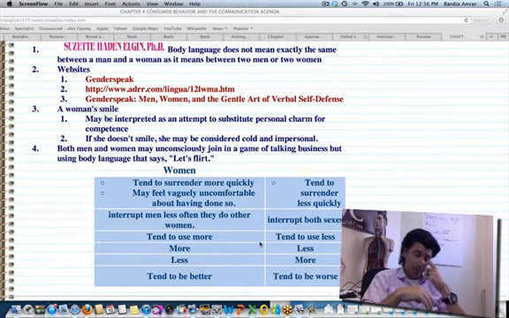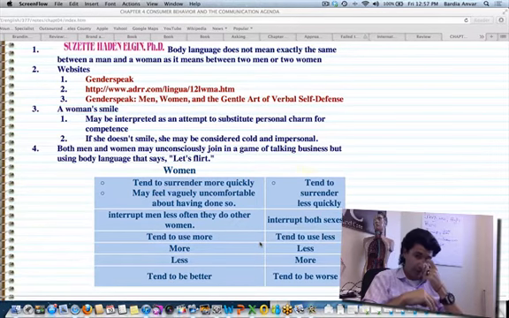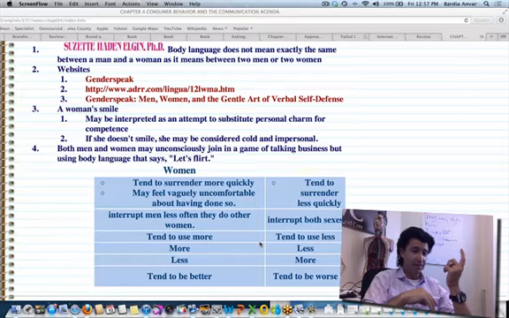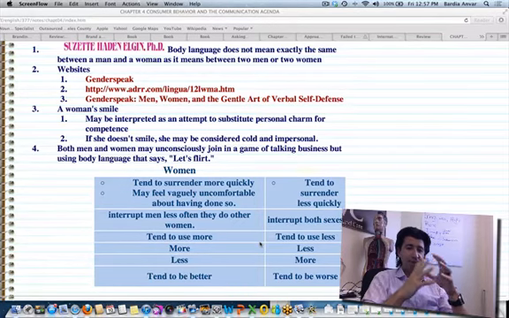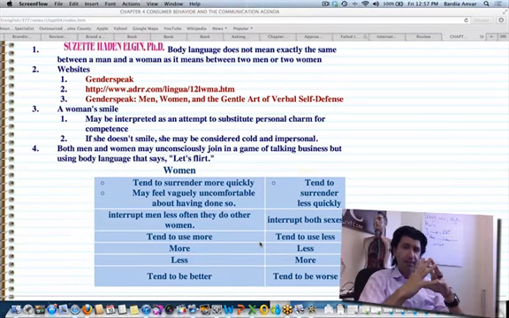However, men tend to surrender less quickly. They interrupt both sexes, tend to use less of all the tools they have, and tend to be worse. So if you're a man doing sales, it actually says here that you're going to be worse than a woman.